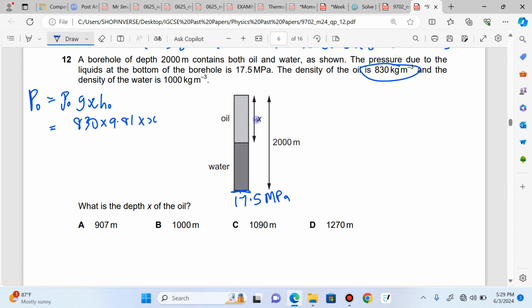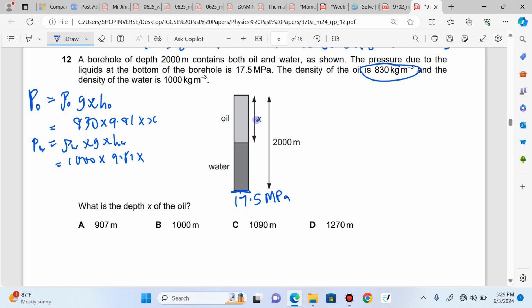What about for the water? Pressure due to the water will be equal to density of the water multiplied by gravity multiplied by height of the water. Density of water is 1,000. Acceleration due to gravity is 9.81. Height of the water, is it given to us?